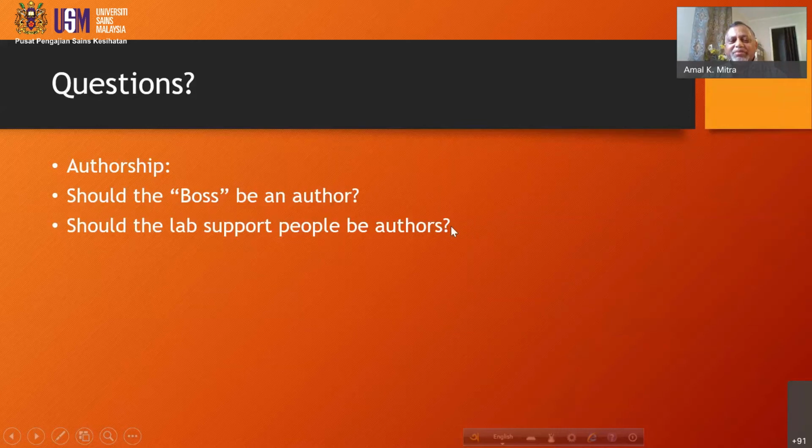What else? Vitamin A assay. People have done the vitamin A for you, and routinely they do it in your setting, in the hospital or in your university. Some people routinely do lab tests. That's their job. Should they be authors?